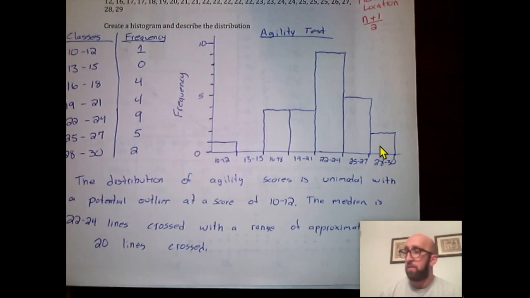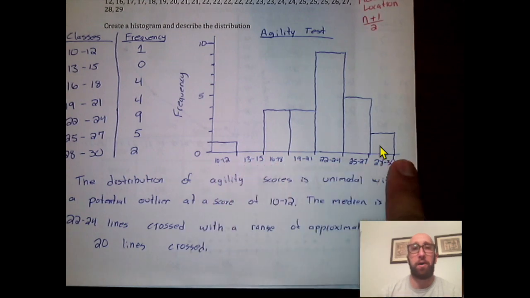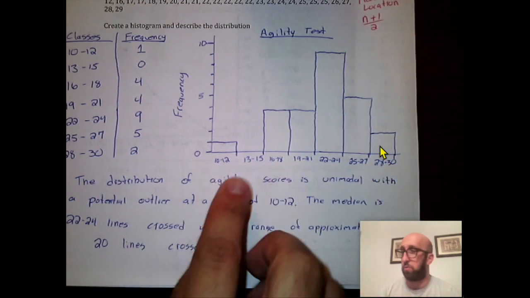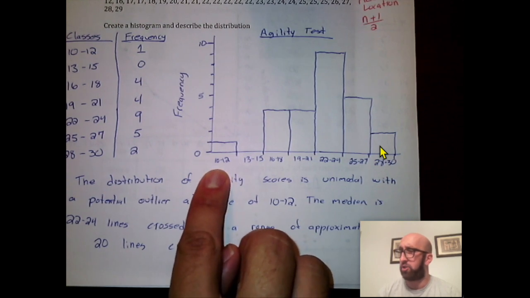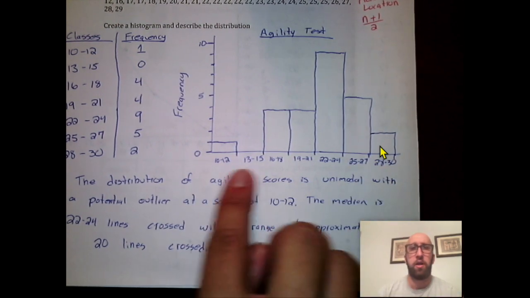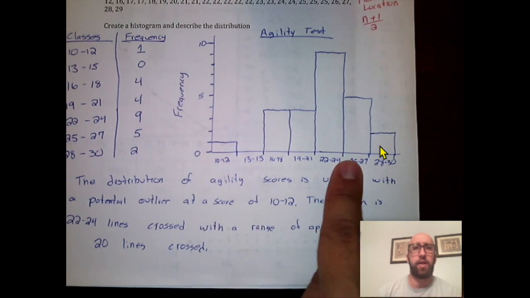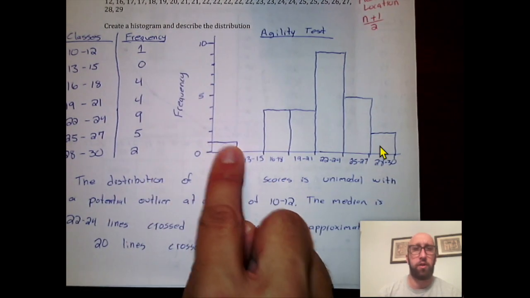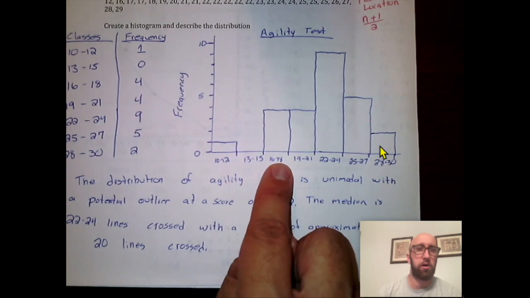After that, you make what is super similar to a bar graph, but we represent the quantitative data across the bottom. These are the agility scores, the different labels here, and my frequencies go up the side. So for 10 to 12, I made a bar up to 1. 13 to 15, no bar.